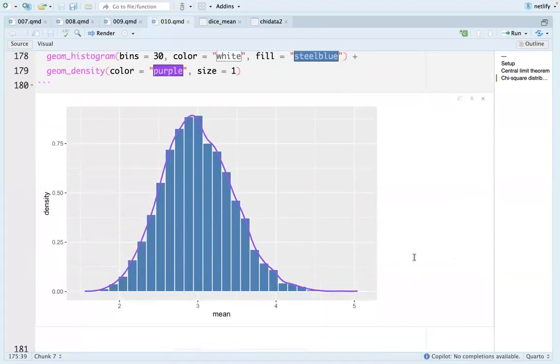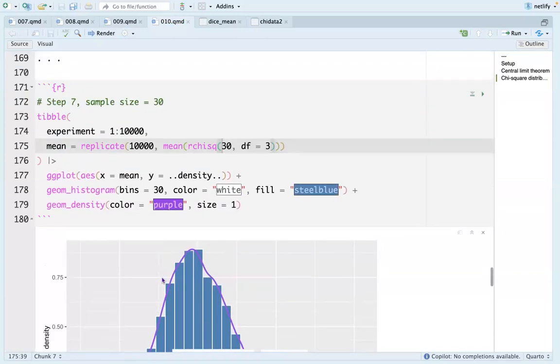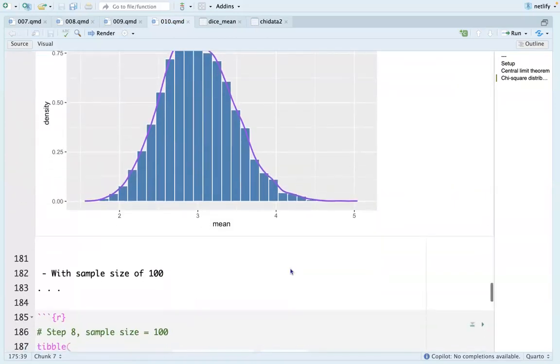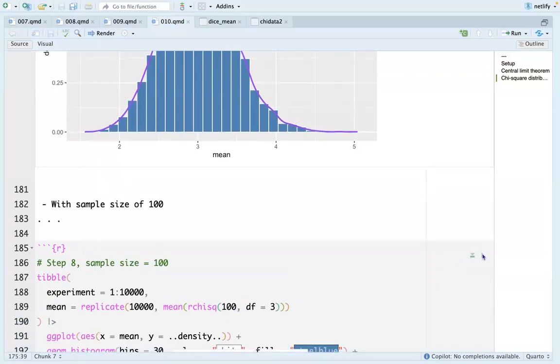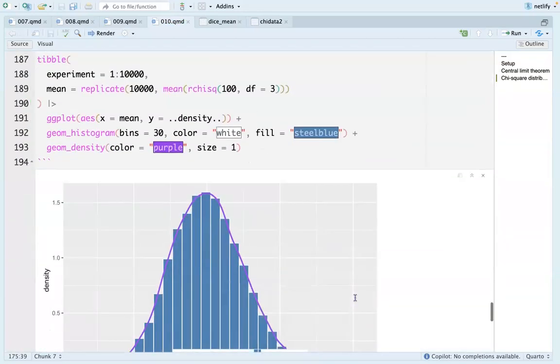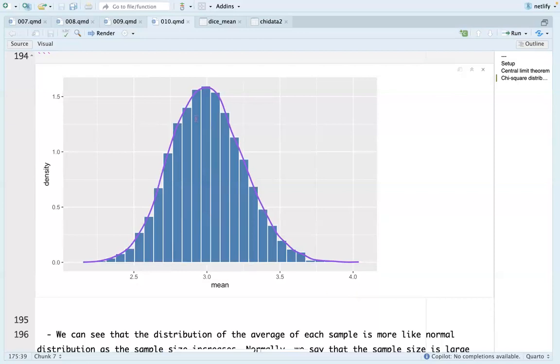You can see that the right tail is almost close to the left tail. And we change to a sample size of 100. You can see that it's almost a perfect normal distribution.